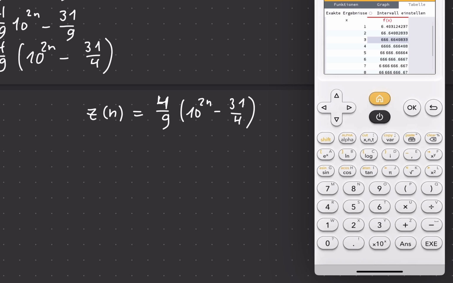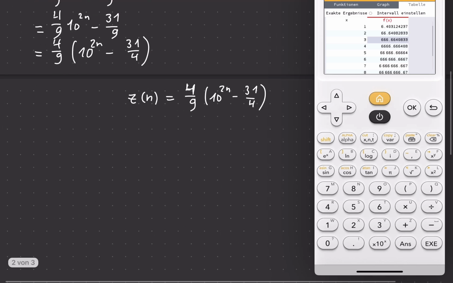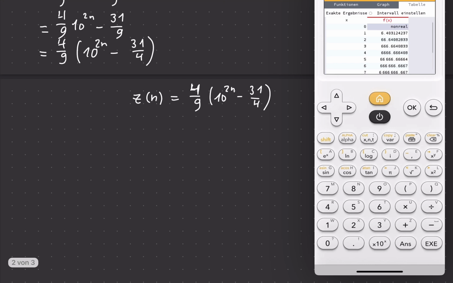Therefore, we can conjecture that there is no such z of n that can be a perfect square, because there's always just a bunch of 6's and then some decimal places. So basically what I'm seeing here is, well, we have 6 is smaller than the square root of z of 1, which is smaller than 7.